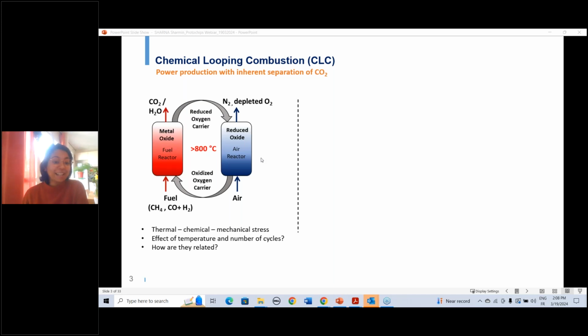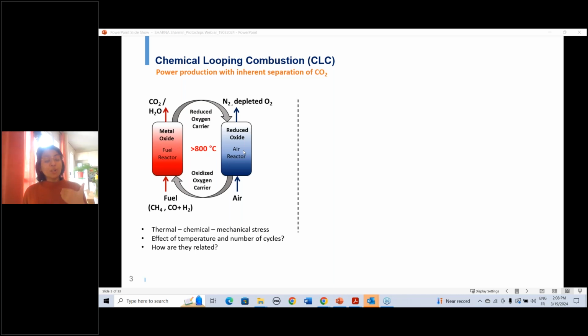In reality, we usually have material degradation, especially for this process where the material is undergoing a very high temperature reaction above 800 degrees Celsius. We have chemical stress induced during the oxidation and reduction. We also have mechanical stress, since the industrial system is a fluidized bed reactor, meaning that the material has to constantly transfer from one reactor to another reactor.